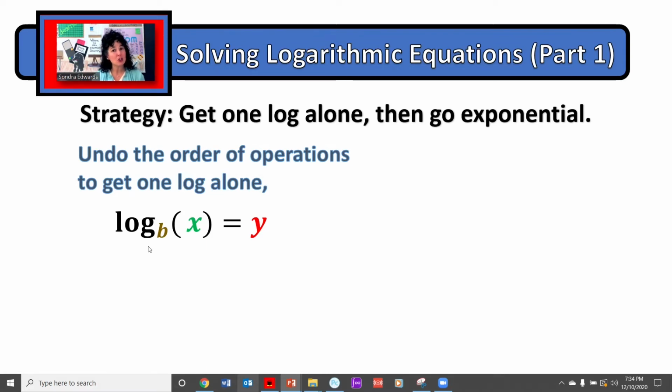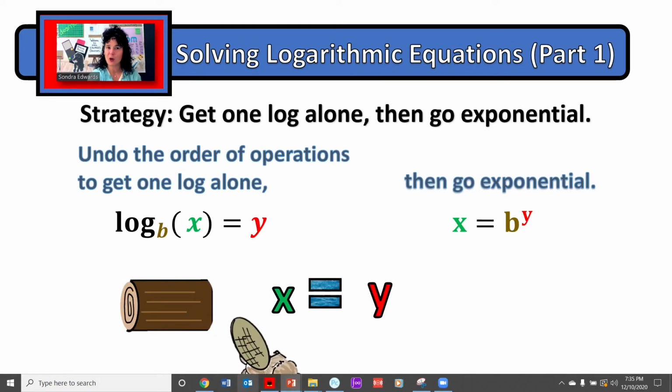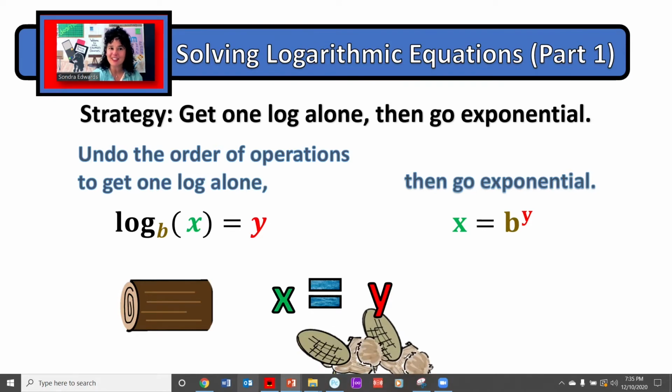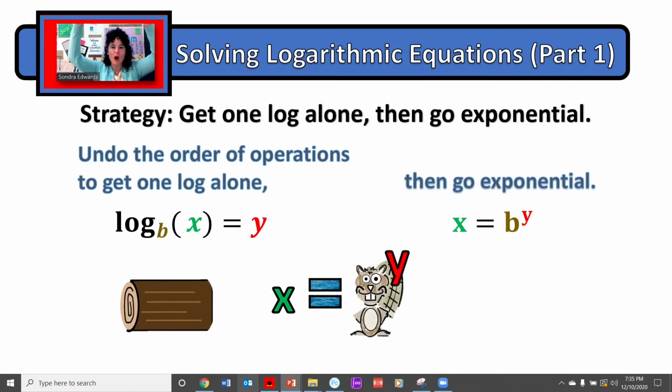Then step 2 is to go exponential, meaning that we change from log form to exponential form. This is just a quick reminder of what log form looks like in exponential form. Those of you who have watched my video about changing from log form to exponential form, this is just a quick reminder that that beaver is tunneling under, coming up on the other side, pushing that y up.